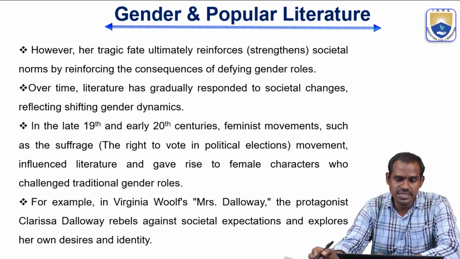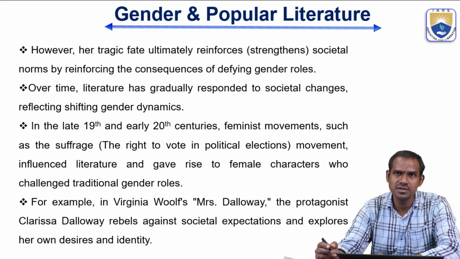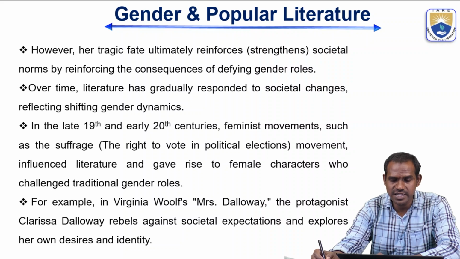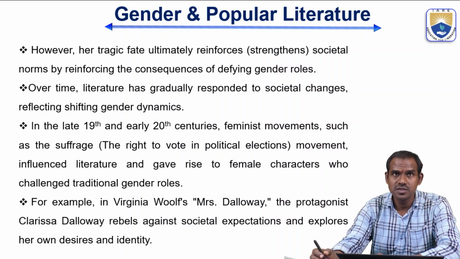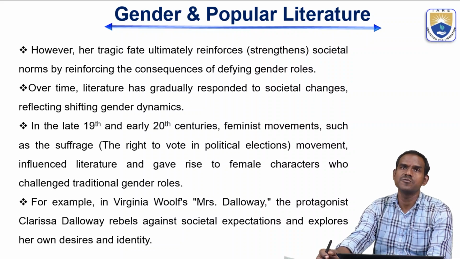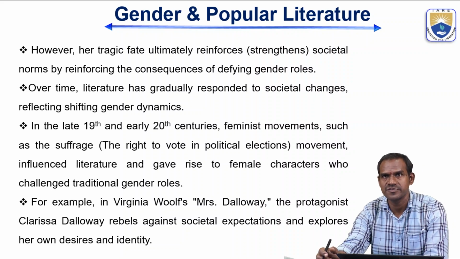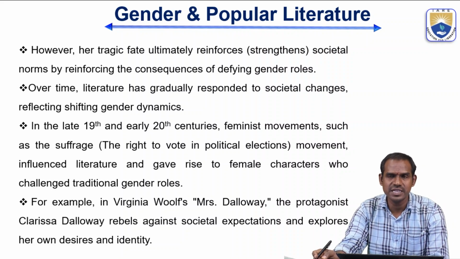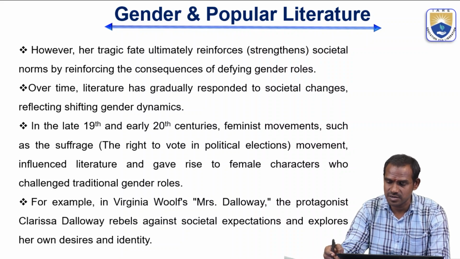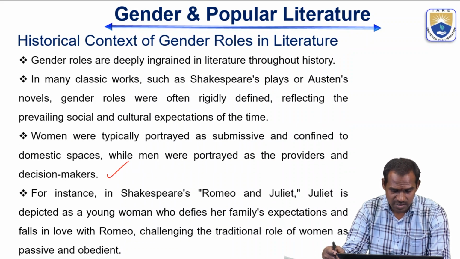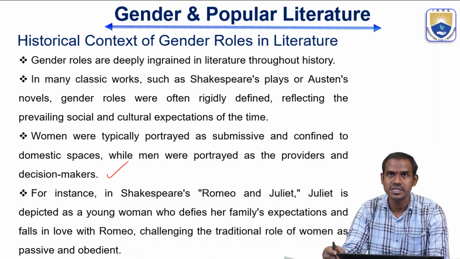However, her tragic fate, Juliet's fate, ultimately reinforces, means strengthens, societal norms by reinforcing the consequences of defying gender roles. But finally, what happened? There will be problems, and finally, what will be the conclusion? So one should obey the traditional gender norms or traditional role of women in society.